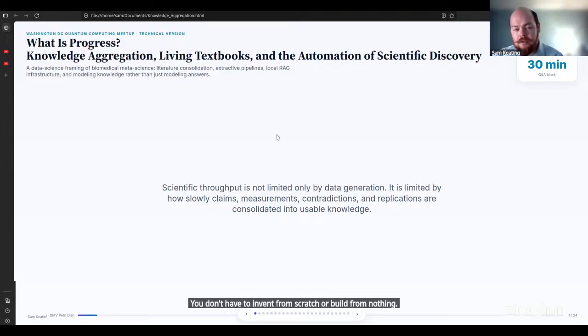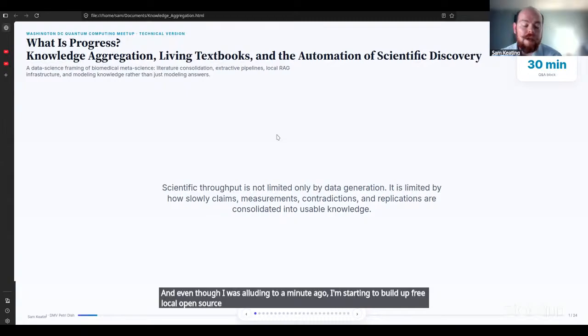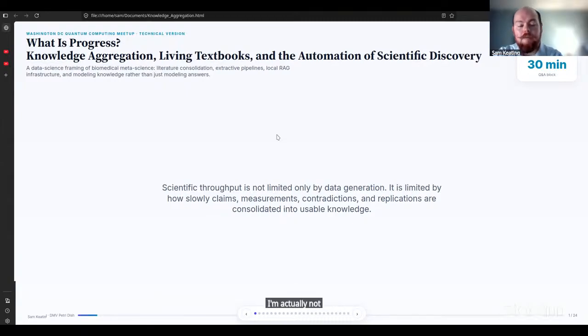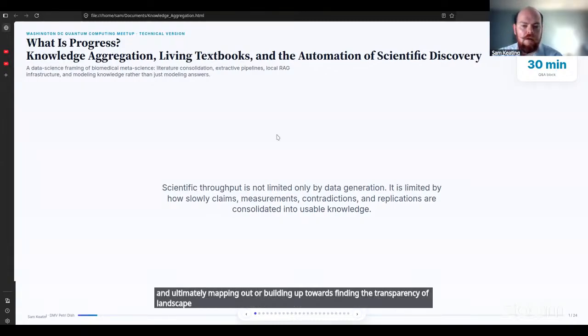And even though I was alluding to a minute ago that I'm starting to build up free local open source AI, I'm actually not building from scratch. I am deploying existing solution frameworks that already exist, and ultimately mapping out or building up towards finding the transparency of the landscape of trying to answer what is progress?